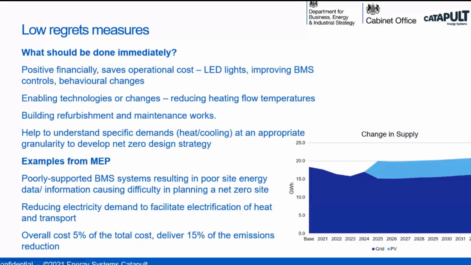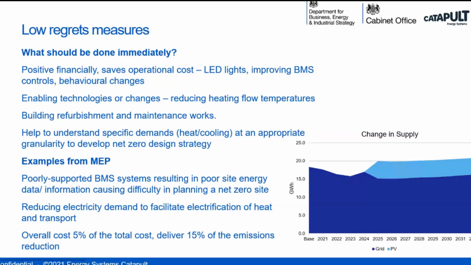Yes, the next point is thinking about the reduction of electricity consumption, for example by LED lighting replacement. If you look on the right-hand side, you can see the reduction of electricity consumption in the first few years, which is due to, for example, LED lighting replacement and other electricity efficiency measures.